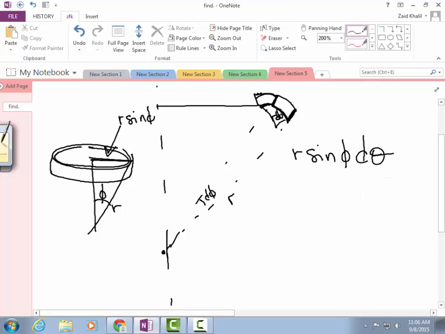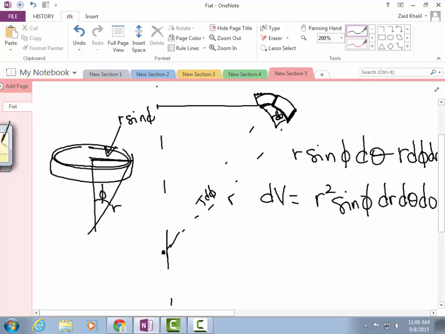R sine phi d theta, because this thing is d theta, and r sine phi is the radius with which you're rotating it, times r d phi dr. So then your volume element, dV, is equal to r squared sine phi dr d theta d phi.